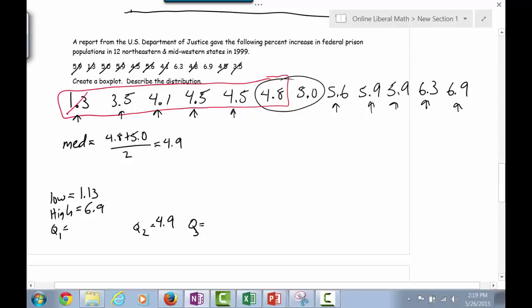So that one and that one are partnered, those 2 are partnered, and that brings me to 4.5 and 4.1. So Q1 would be 4.1 plus 4.5 divided by 2, which is 4.3.